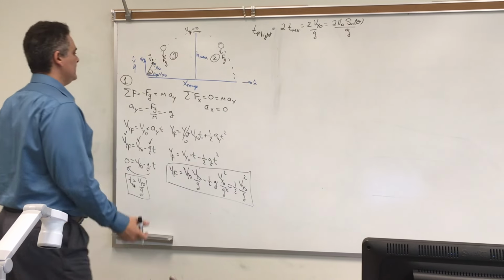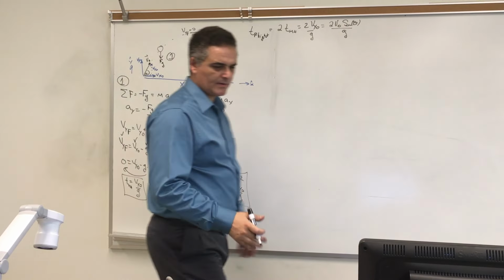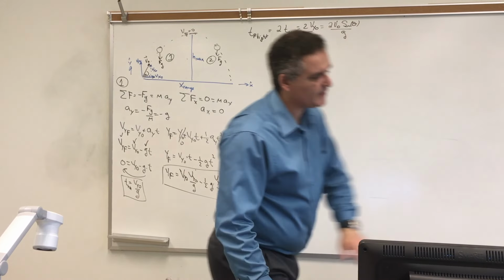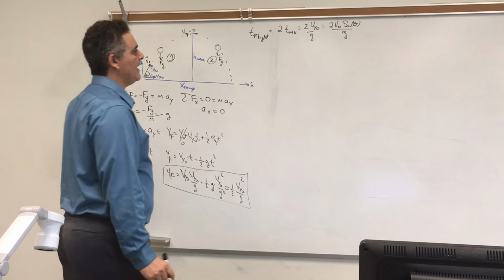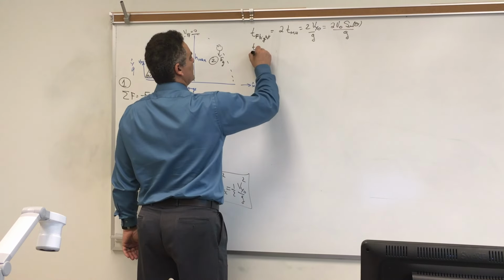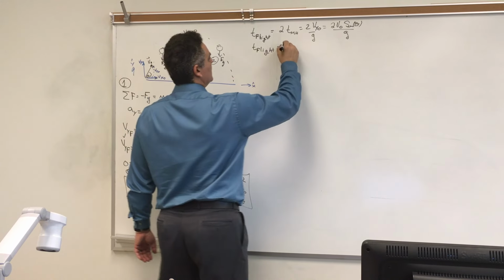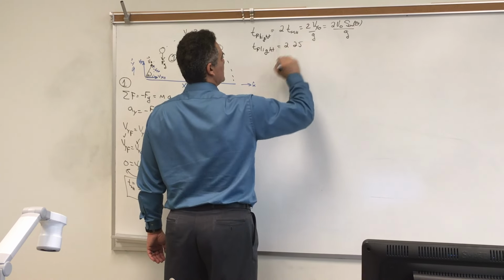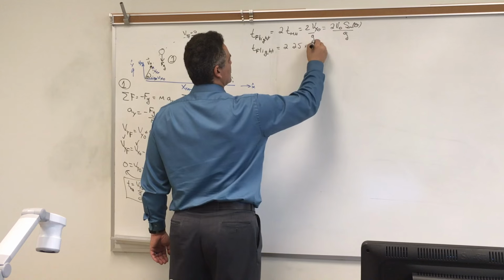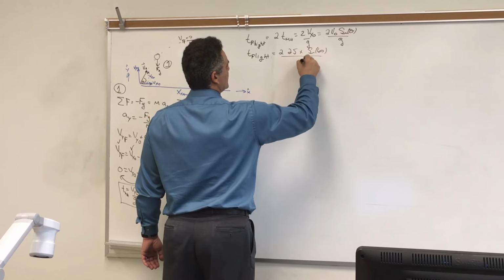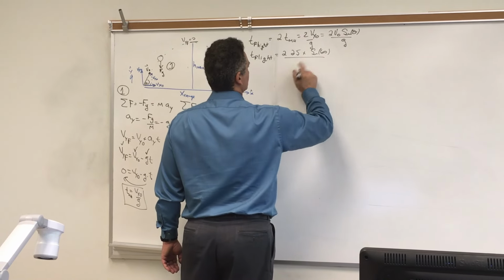I think the angle is 60 degrees, and the initial speed is 25. So the time of flight is equal to 2 times 25 meters per second, times the sine of 60 degrees, over g, which is 9.8.